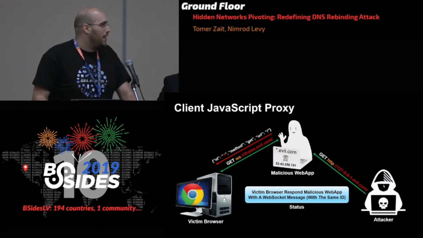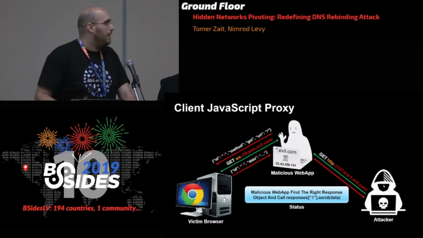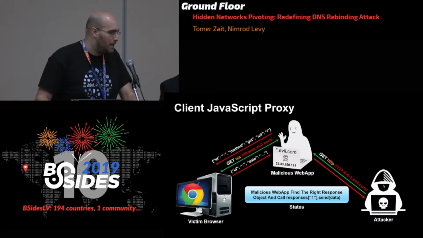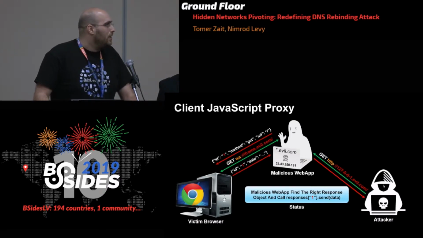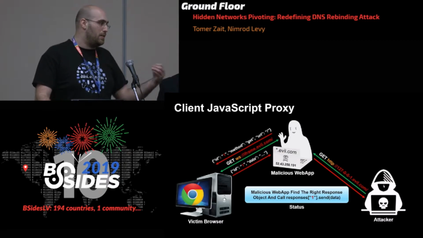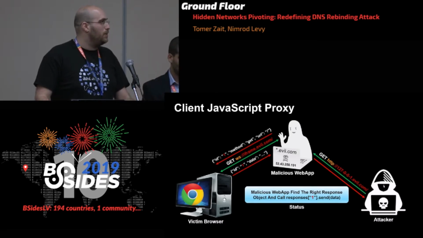Now, after the victim browser responds with another push message using WebSocket to the malicious web application, you will see the same identifier, but now you will see the headers of the response and also the data, the body of the response that will come back to the user.